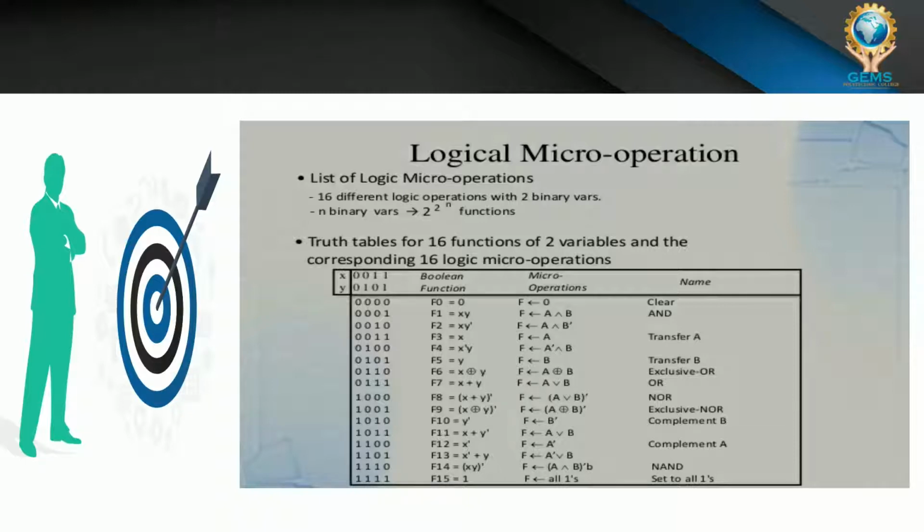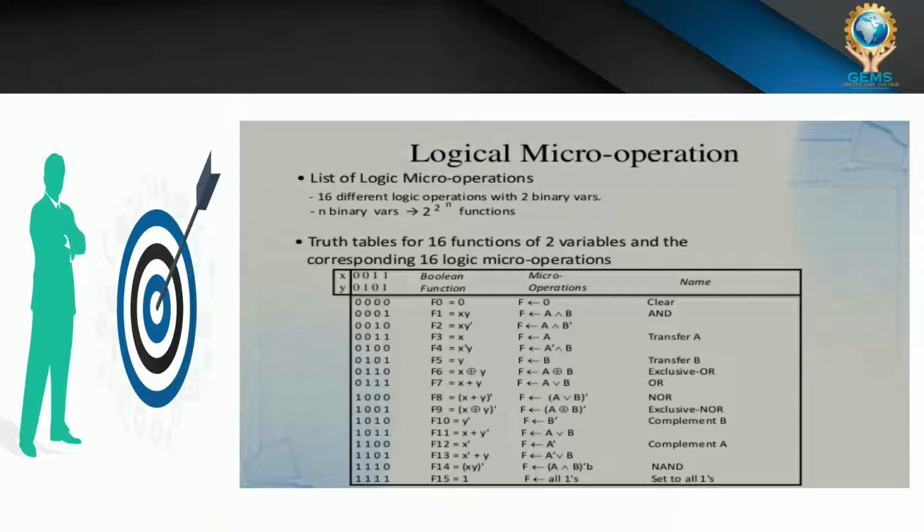Look here: 0 0 0 0, 0 0 0 1, 0 0 1 0, and so on. Based on these inputs, and at the same time the logical operation performed, the output will be produced. These are the selection lines; in the left side column you can see them. When we select a combination, it performs one kind of operation.